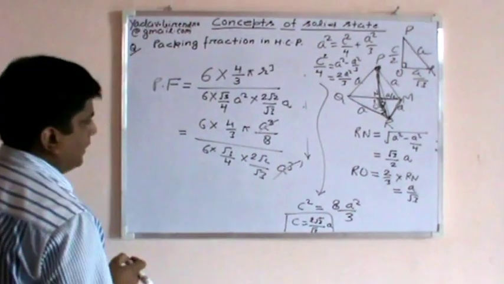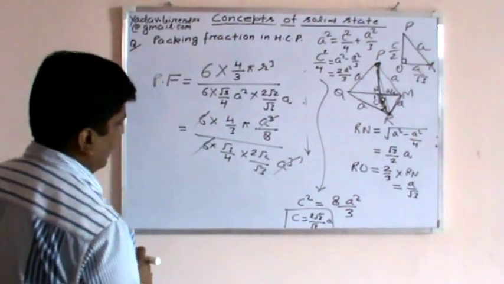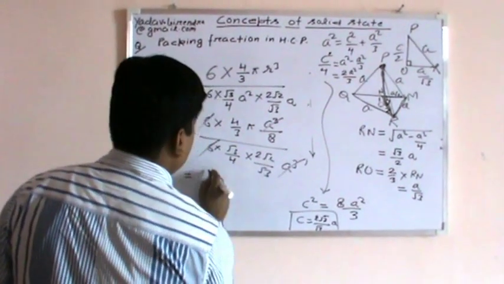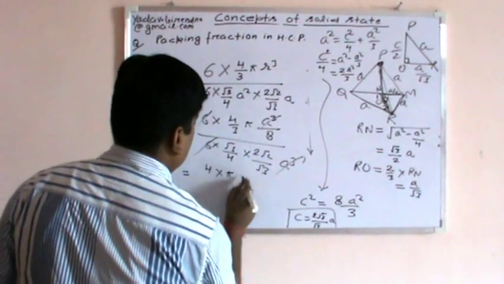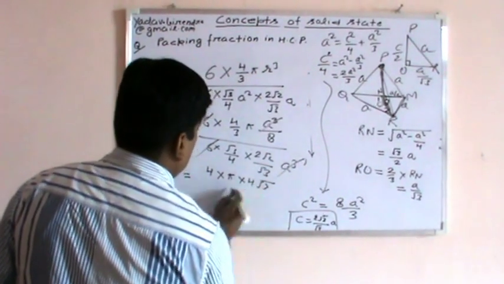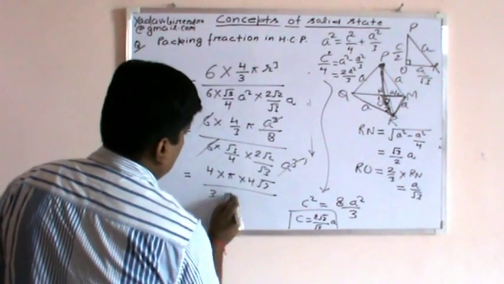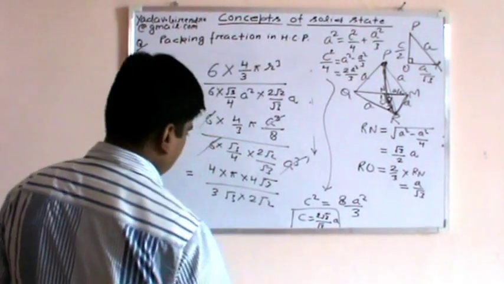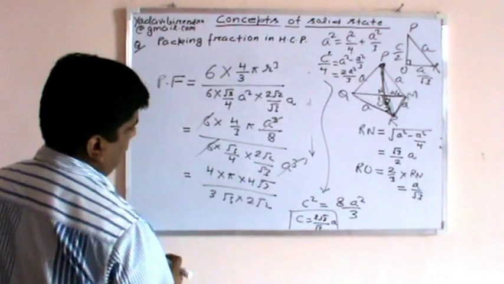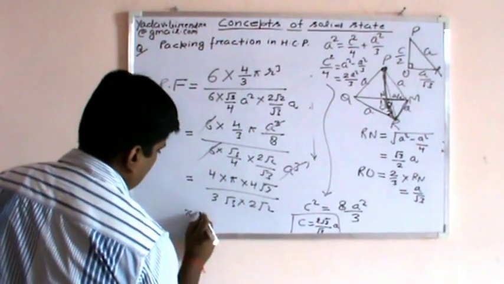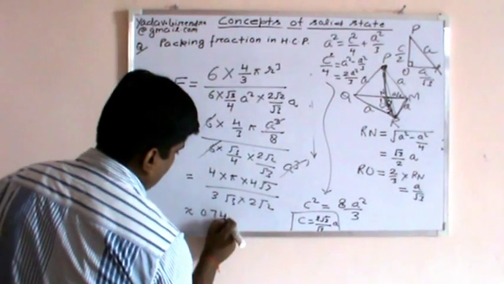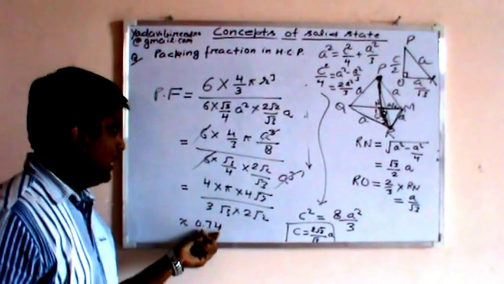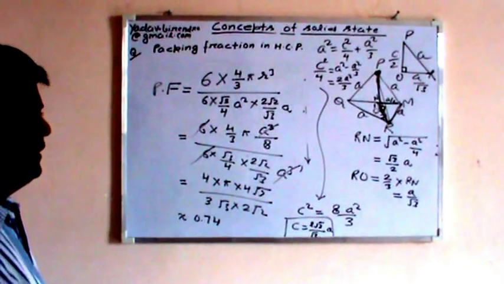This a cube will get cancelled, 6 cancelled, so effectively it will be 4 into pi into 4 root 3 upon 3 root 3 into 2 root 2. Now if we calculate this, the value comes out to 0.74. So packing fraction in HCP is 0.74 and percentage packing will be 74%.